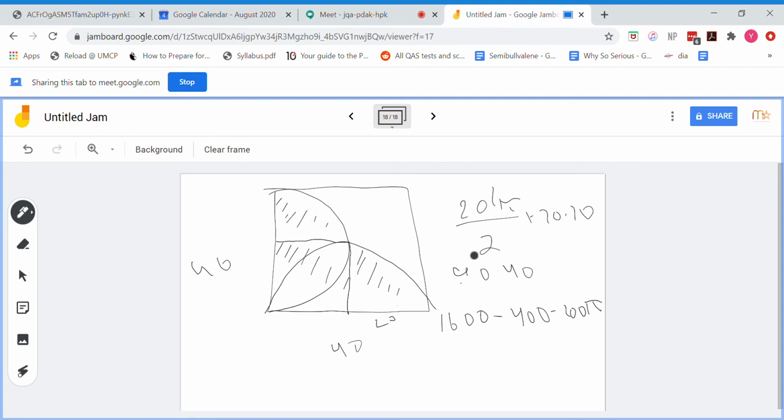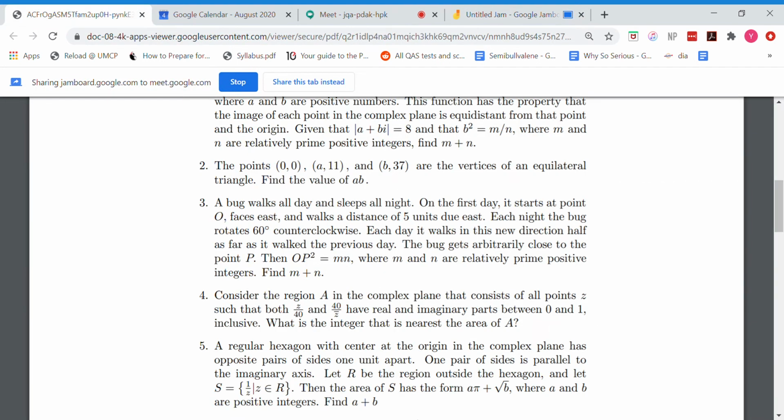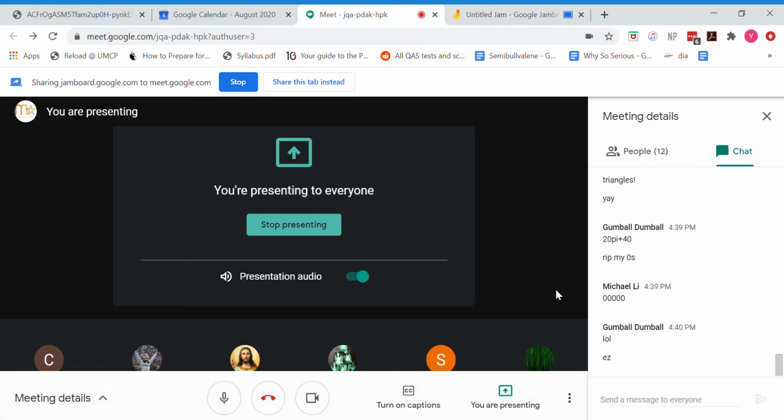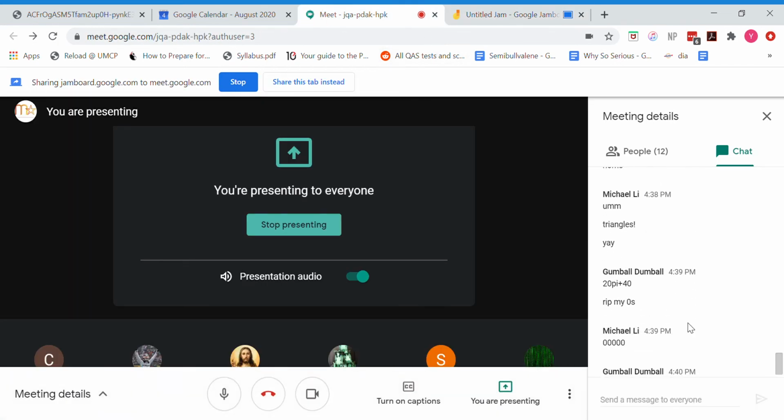We end up with 1200 minus 200 pi. And so it's asking us for the integer nearest the area of A. So if we compute that, that comes out to be like 572. So about that. Alright? So pretty easy. That's not a tough problem.